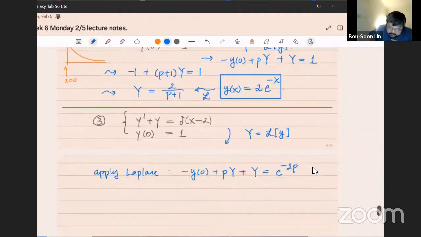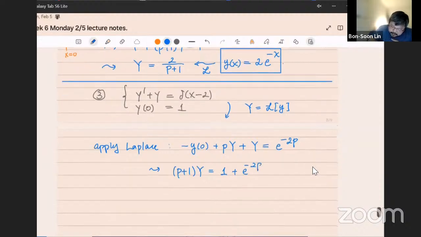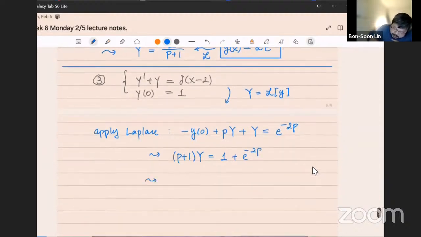Well, y of 0 is 1, so this becomes p plus 1 times big Y equals 1 plus e to the minus 2p. And this is saying that big Y is equal to 1 over p plus 1 plus e to the minus 2p over p plus 1.